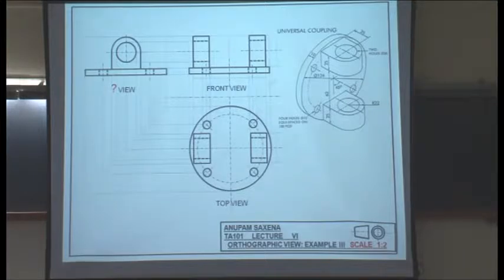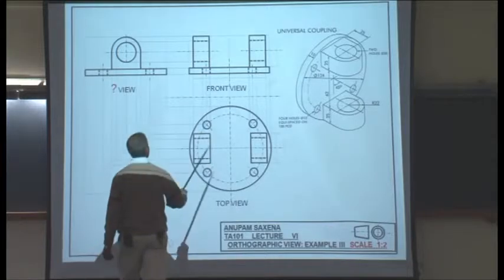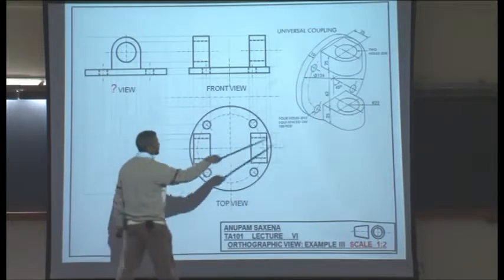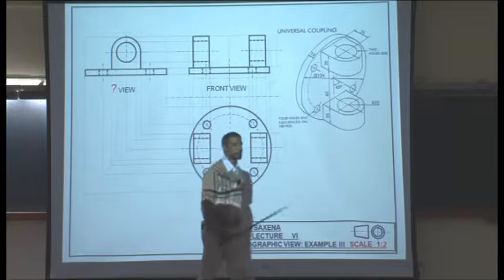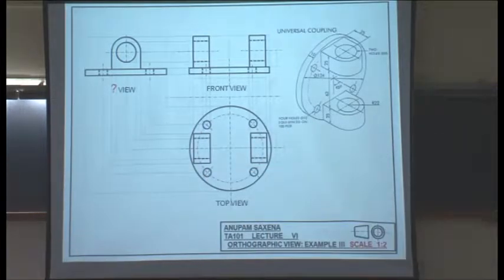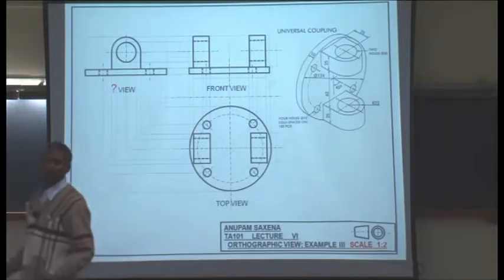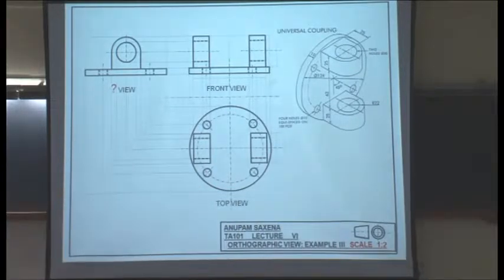Okay? You know what these are? Orthographic views. What is this? What is that? This is what we are going to be learning today, isometric views. To draw a single, so to speak, 3-dimensional picture of the object.